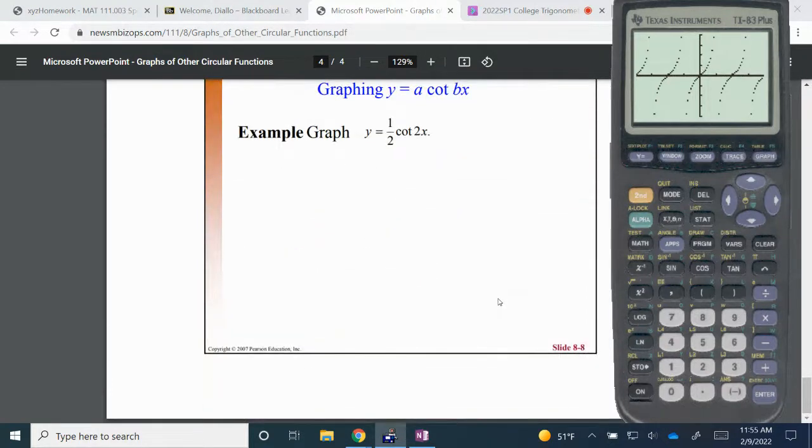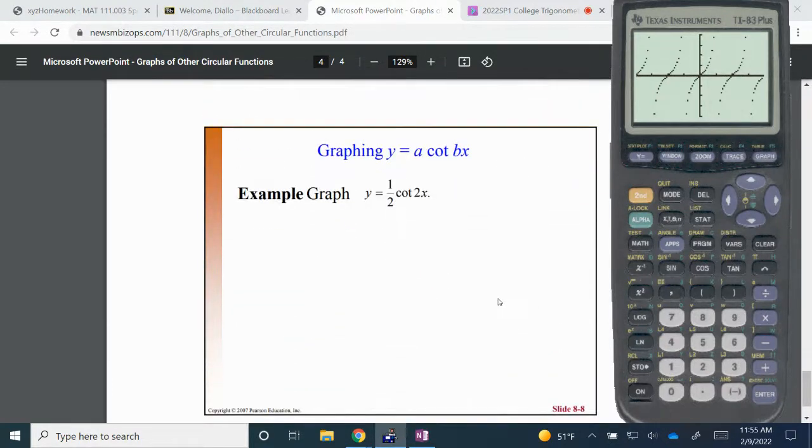All right, so let's take a look at how we would graph. So in this case, we're asked to graph y is equal to 1/2 times the cotangent of 2x.